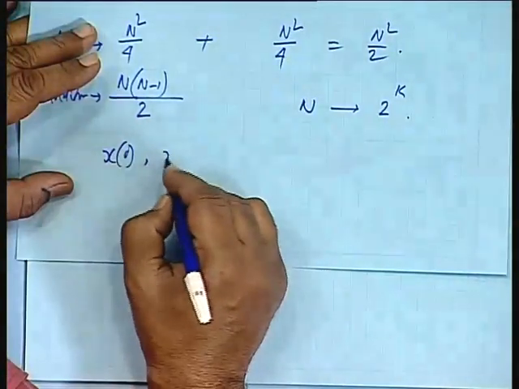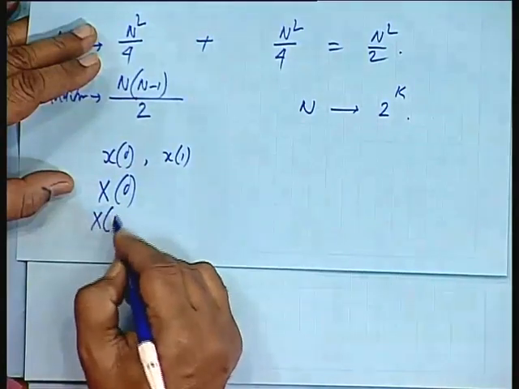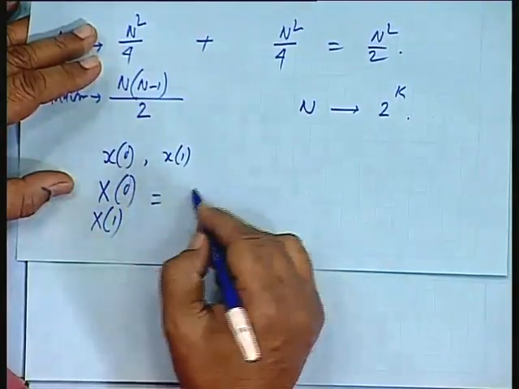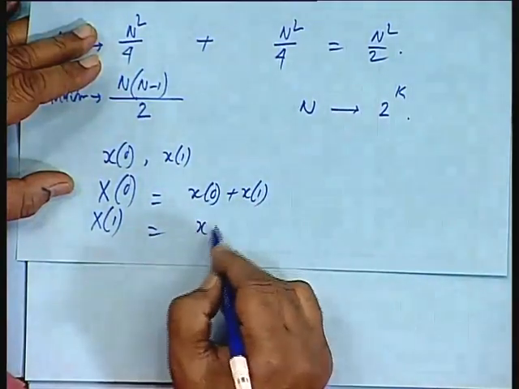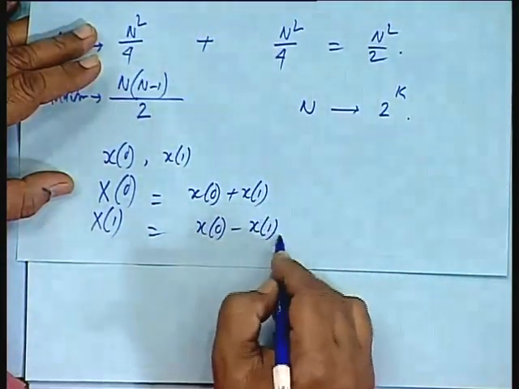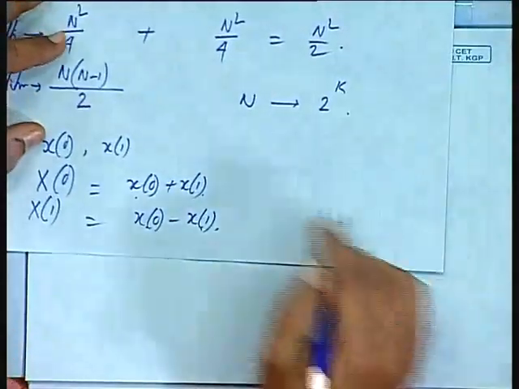What will be the FFT or DFT of a 2 point sequence? Say x0 and x1, these are the 2 points. Okay. Then what will be capital X0 and capital X1? X0 plus X1 and X0 minus X1, very good. So, it is simple addition and subtraction of 2 quantities, all right.